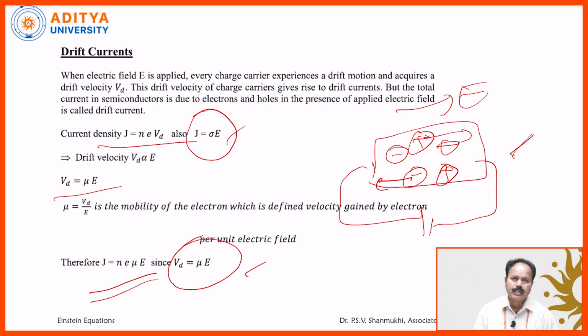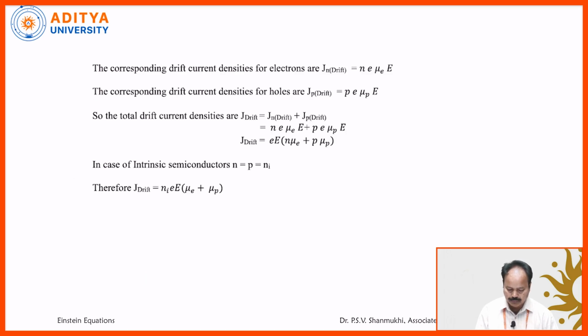There are two types of charge carriers in an intrinsic semiconductor, electrons as well as holes. So what is the drift current density due to electrons, and what is the drift current density due to holes? That is what we have to see. In the case of electrons, we can write the drift current density Jn drift is equal to N e mu e into E, where N is the electron density, e is the charge of the electron, mu e is the mobility, and E is the applied electric field.